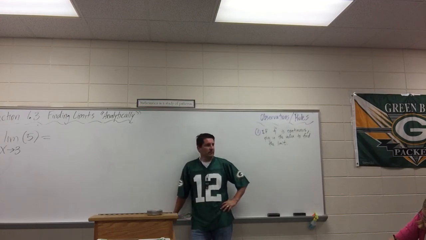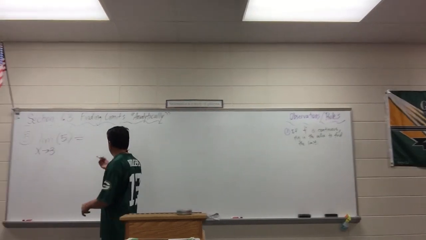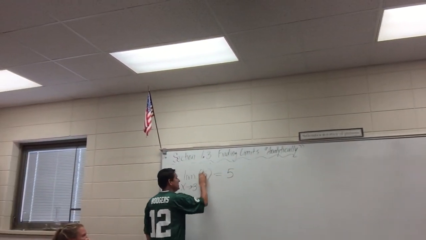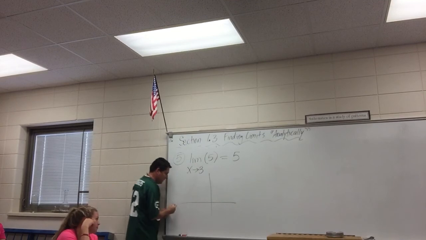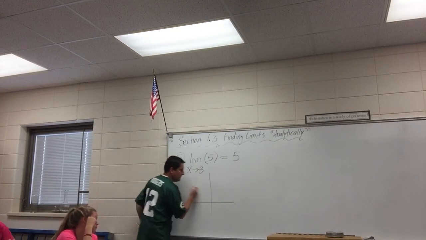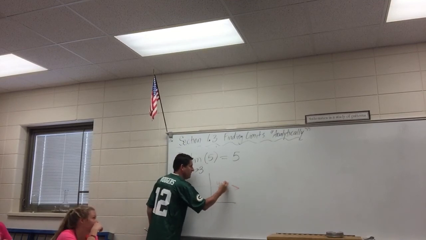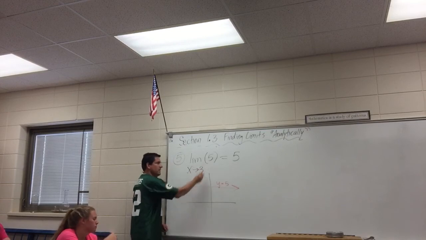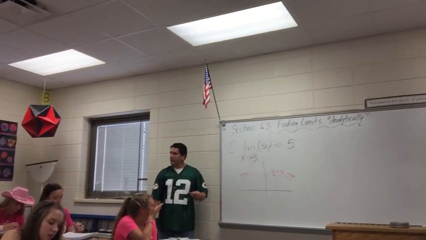Stop and think of what it means. Okay, answer? 5. Why? What kind of line is it? Horizontal line. If you were to graph this thing, wouldn't you all agree that it's the line y equals 5? So it really doesn't even matter what I approach, the answer is always going to be 5.